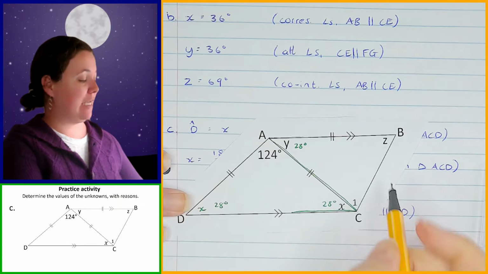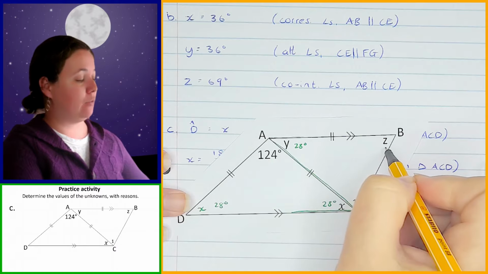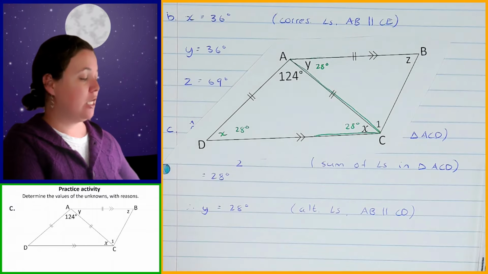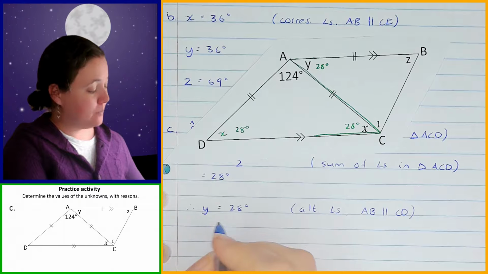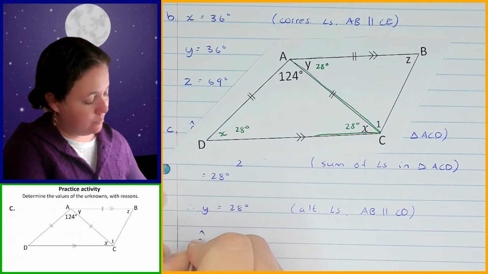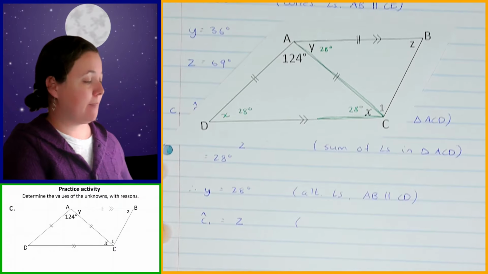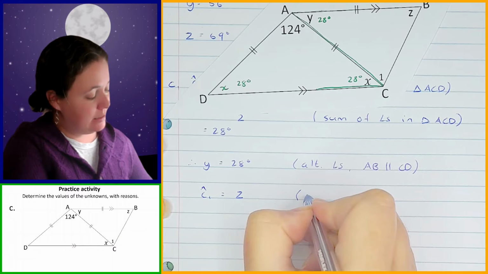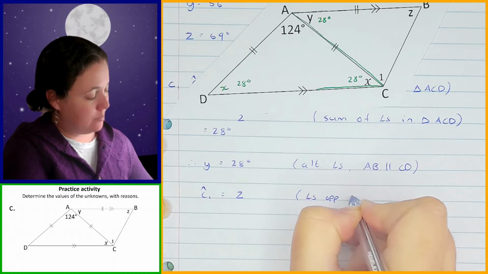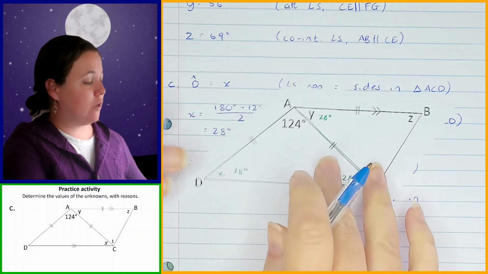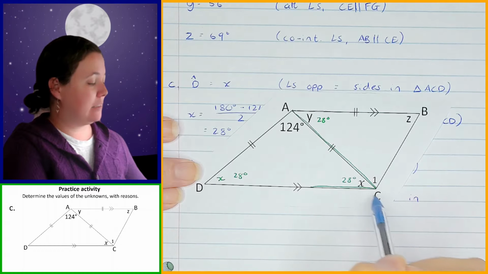First, I'm going to say that angle C1 is equal to angle B because they are both opposite those equal sides. So I can say that angle C1 is equal to Z because they are angles opposite equal sides in triangle ABC.